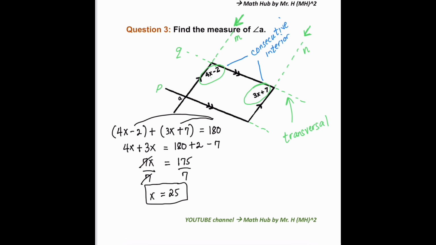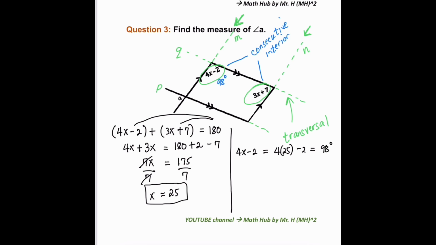This angle, which is 4x minus 2, we substitute the value of x into the expression. So it's 4 times 25 minus 2. 4 times 25 is 100, minus 2 is 98.